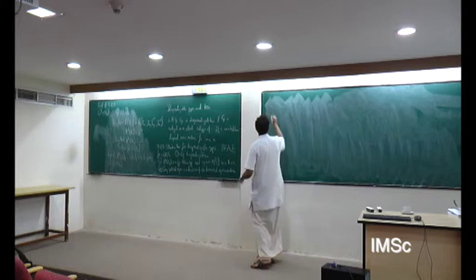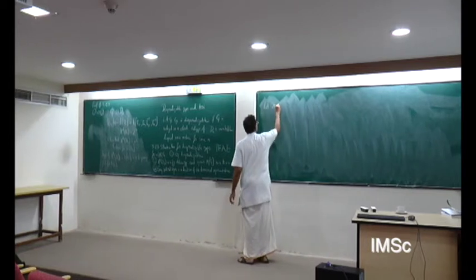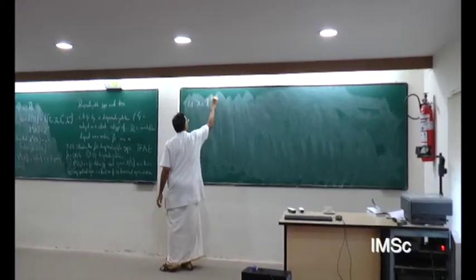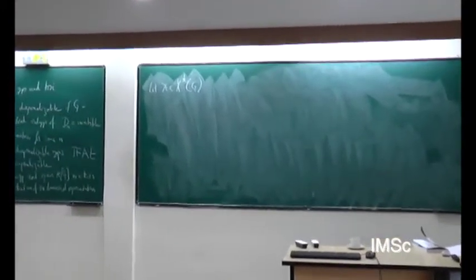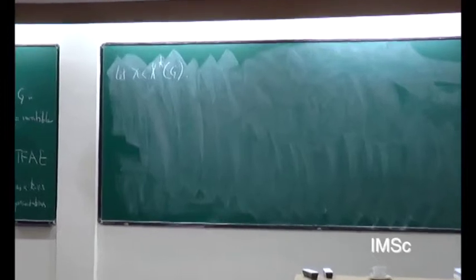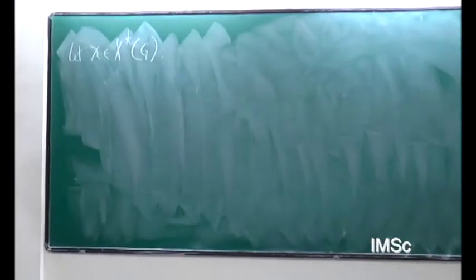Okay, so let chi be in chi star of G. What does this say? The image of chi star Dn is a K spanning set for Kg.